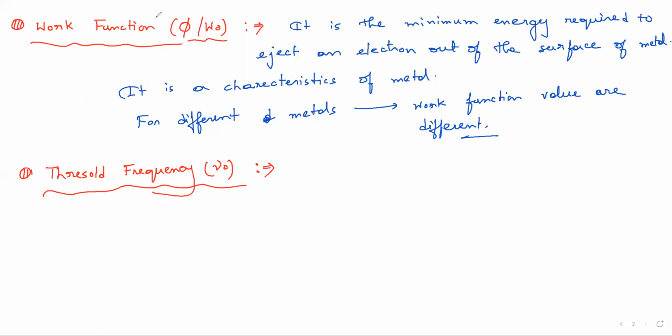What is threshold frequency? The minimum frequency of incident light below which no photoelectric effect, or you can say no electron ejection, takes place.